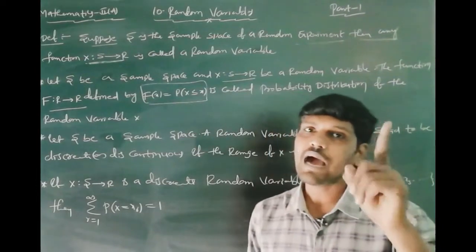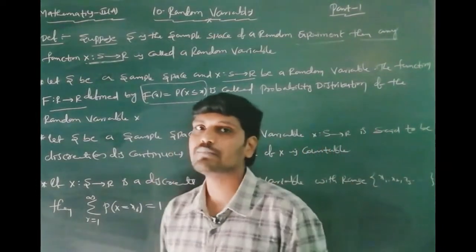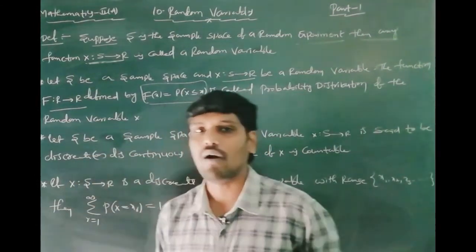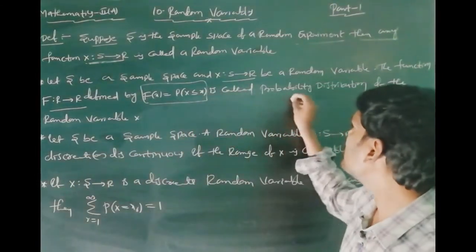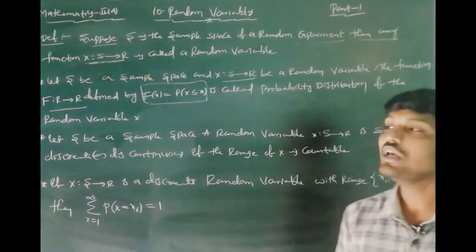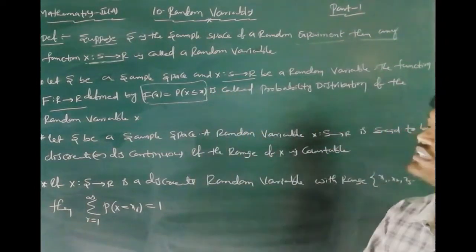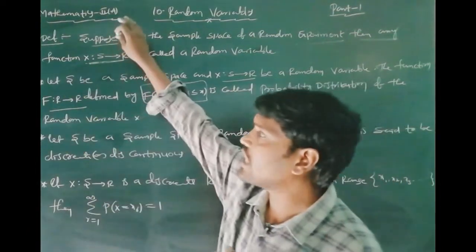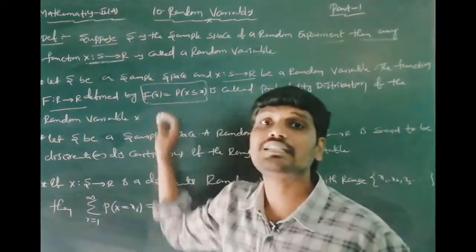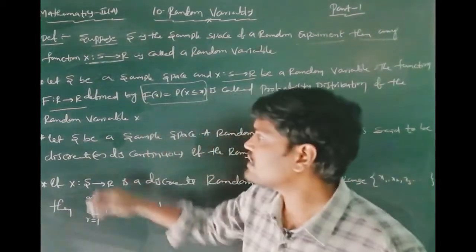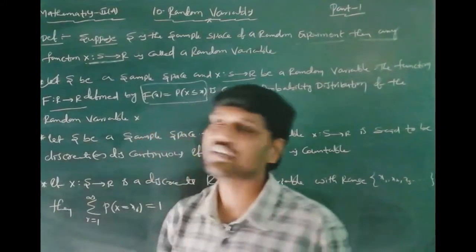Probability of X less than or equal to x means that X takes a value equal to or less than small x. This function F of x is called the probability distribution function of the random variable. This is also a very important definition.